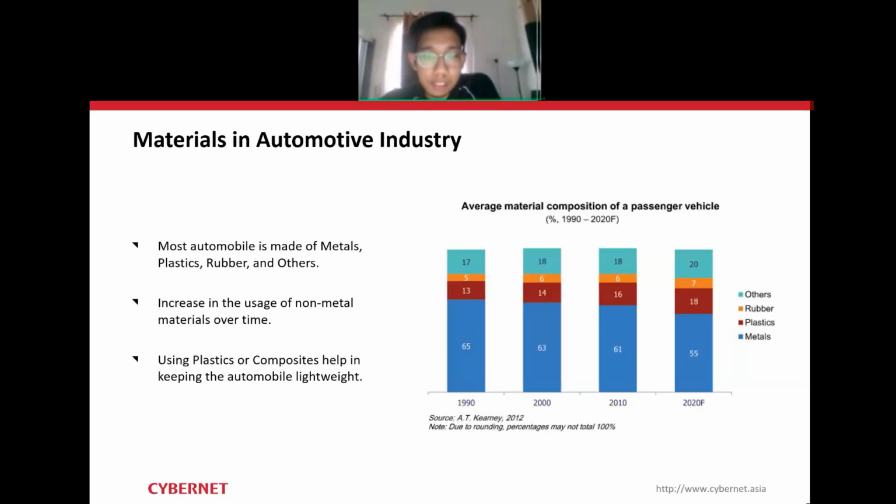Many materials such as polymers and composites have become stronger, lighter, and more durable than metal in some cases. Therefore, when we talk about automotive development, the options of materials that engineers can choose from become wider and much more diverse nowadays.